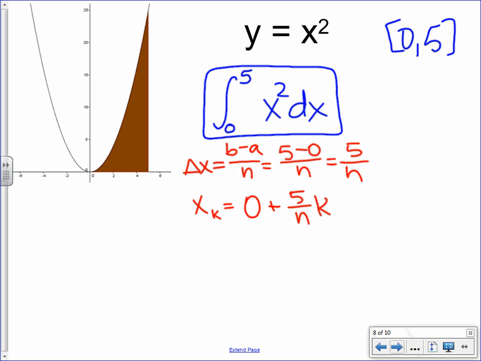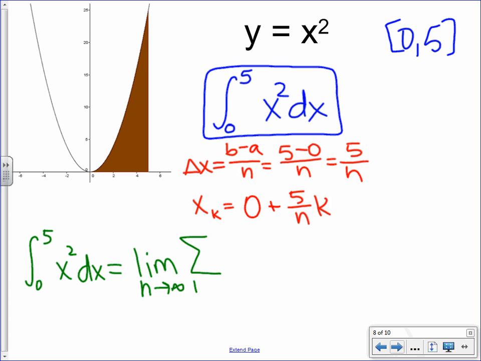So what we're going to do, the integral from 0 to 5 of x squared dx means we're taking the limit as n approaches infinity of the sum from k equals 1 to n of, how do we find our rectangles? Delta x times f of x, right? Whatever we find here is what we need to plug into our function.